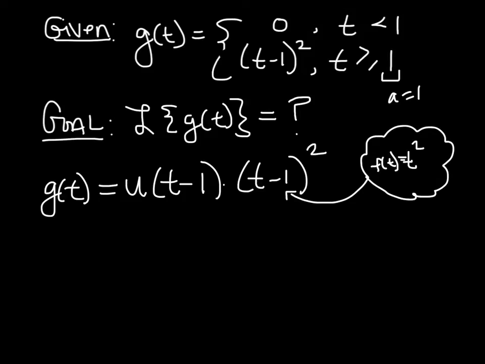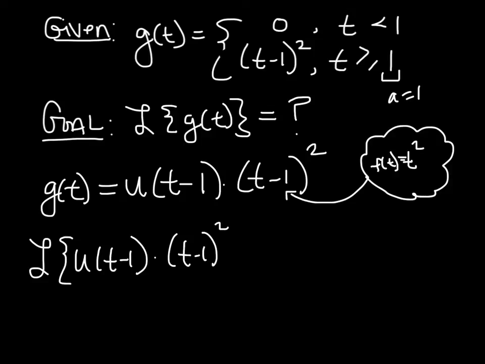The reason I wanted to rewrite it in this form is because now we can use theorem 1 in your book, because we want to find the Laplace transform of this guy. So let me write it out: the Laplace transform of u of t minus 1 times t minus 1 squared.